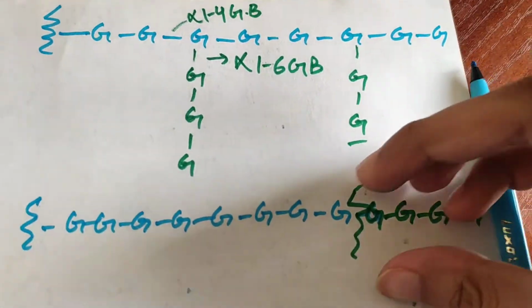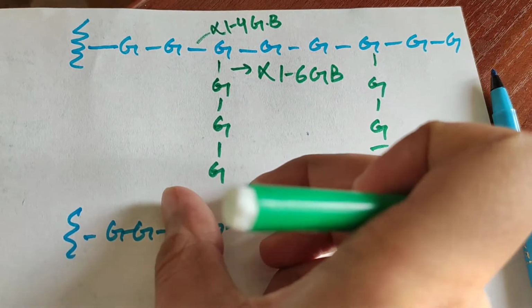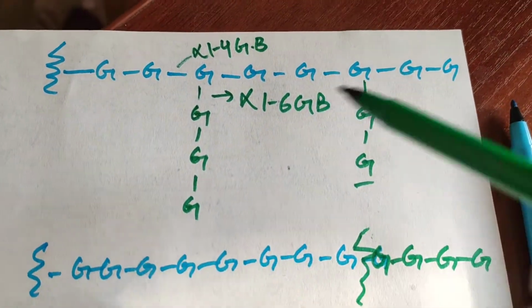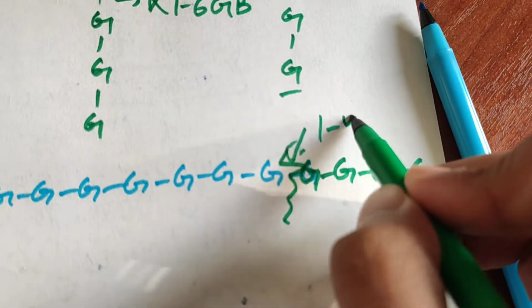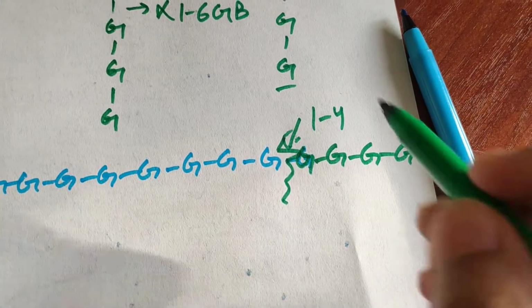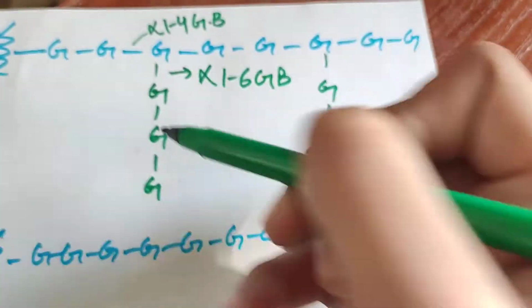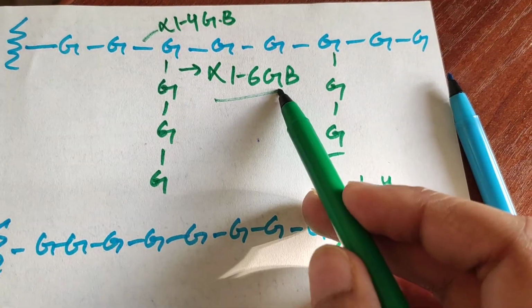It will break from here and then form the branching here. So this transferase enzyme is breaking the alpha 1,4 glycosidic bond, and here it is forming an alpha 1,6 glycosidic bond.